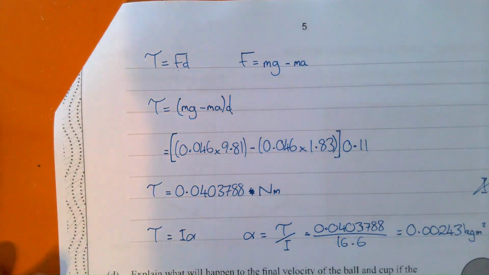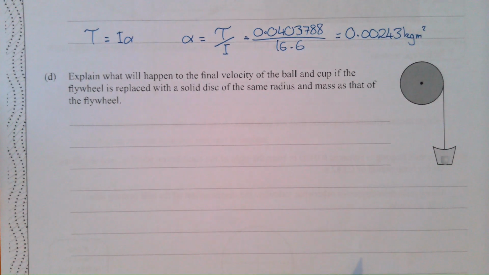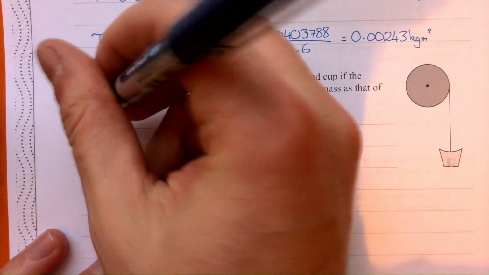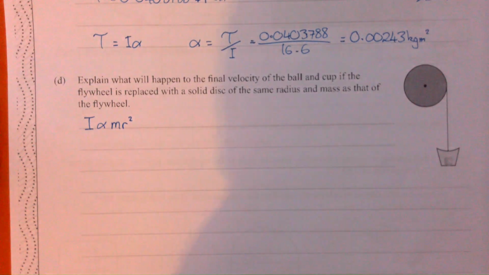Okay? Part D. Explain what will happen to the final velocity of the ball and cup if the flywheel is replaced with a solid disc of the same radius and mass as that of the flywheel. Now, while we are given no equation for our rotational inertia, we do know that rotational inertia is proportional to mass times r squared.